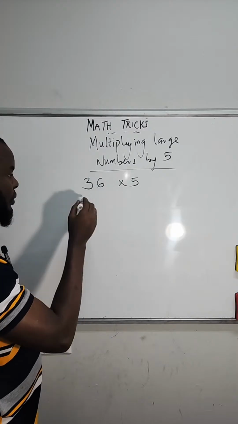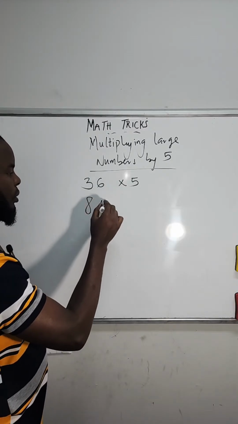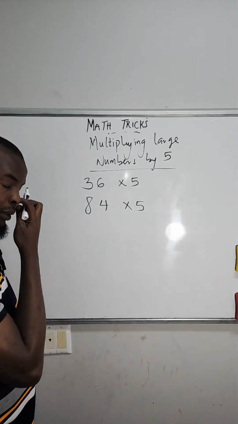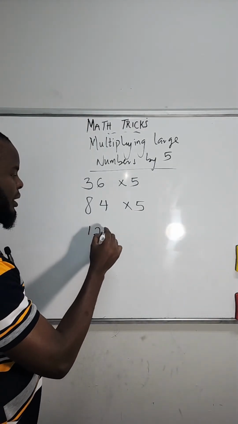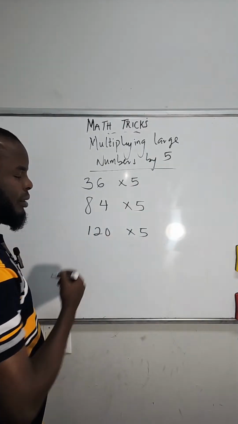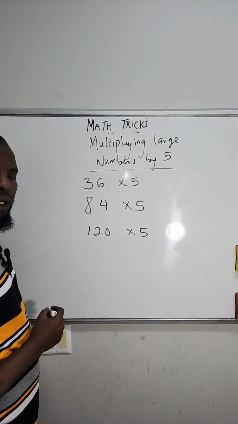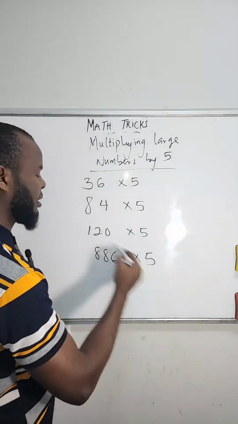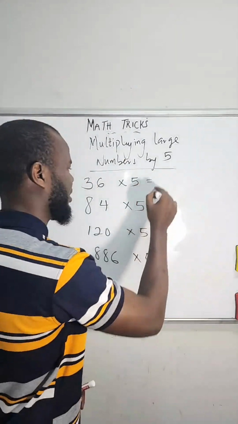Here we have 84 times 5. Here we have 120 times 5. Here we have 886 times 5. How do we do this? What is the trick?